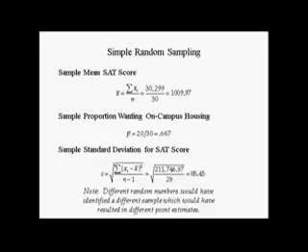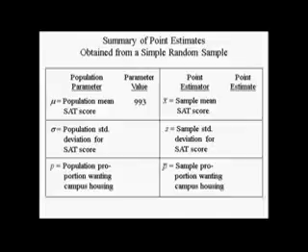Different random numbers would have identified a different sample, which would have resulted in different point estimates of the population mean, the population proportion, and the population standard deviation. The table below summarizes the difference between population parameters and sample statistics. The population mean is 993.